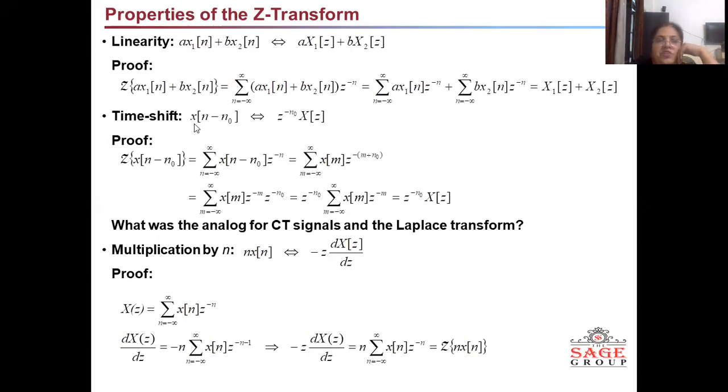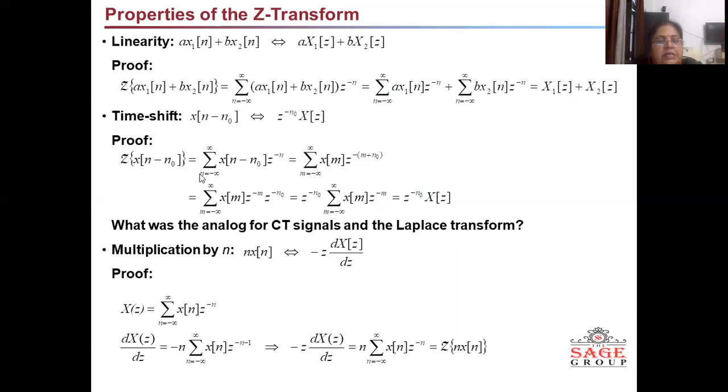Now the time shift. Time shift means that if a signal x[n] is shifted in the time domain by a quantity n naught, what will be the change in the Z transform? The Z transform remains the same, only it is multiplied by z to the power of minus n naught. To prove this, we have taken the Z transform of the left-hand side.